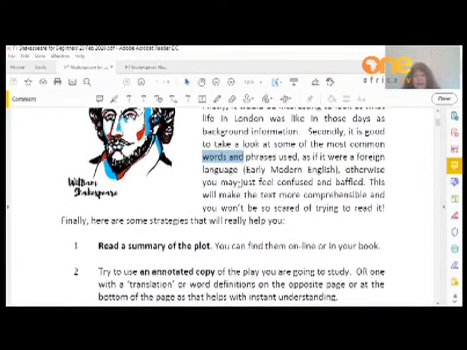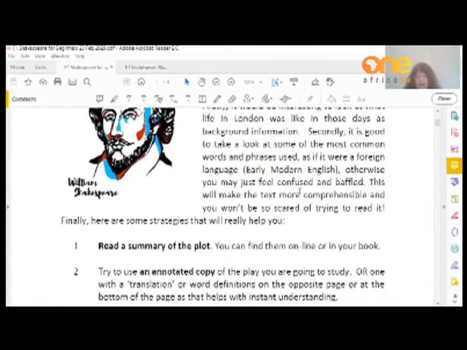One of the ways to think about the language Shakespeare is using is to think of it as a bit of a foreign language called early modern English. Otherwise, you're going to feel a bit confused, a bit baffled. It'll make the text more comprehensible if you think of it like that. So that's a bit of a mindset change.